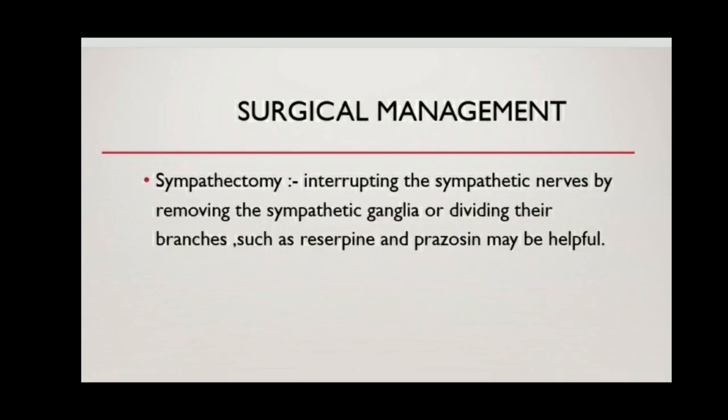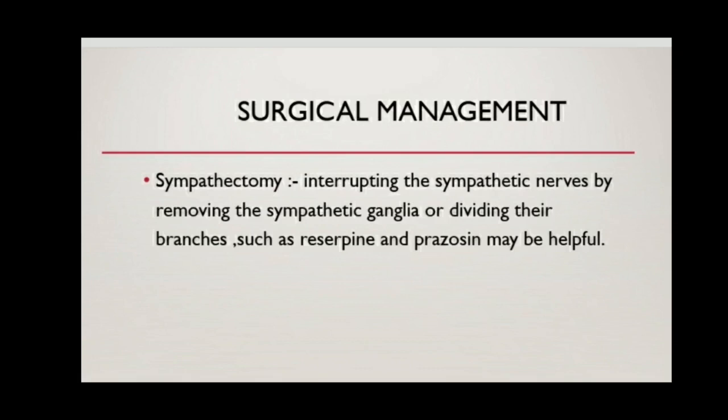The surgical management. In the surgical management of Raynaud's condition, sympathectomy is done. In this, as you know, the sympathetic nerves in hands and feet control the opening and narrowing of the blood vessels. So in sympathectomy, there is cutting of these nerves, which interrupts the vasoconstriction response.